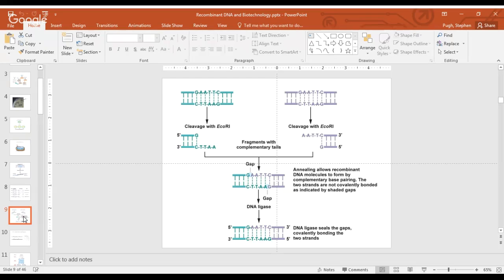If you cut DNA with the same restriction enzyme, then some of the DNA molecules from one organism could combine with some of the DNA molecules from another organism to produce a molecule of DNA that is now recombined, that actually consists of DNA that came from two different organisms. And that's the basic way in which recombinant DNA and biotechnology can work.